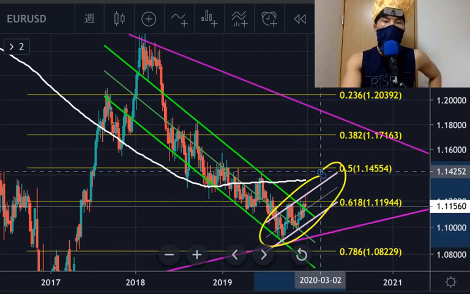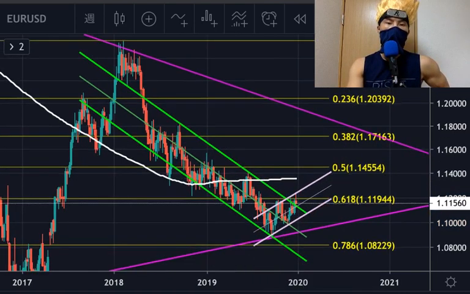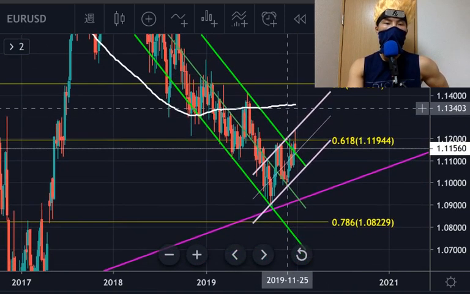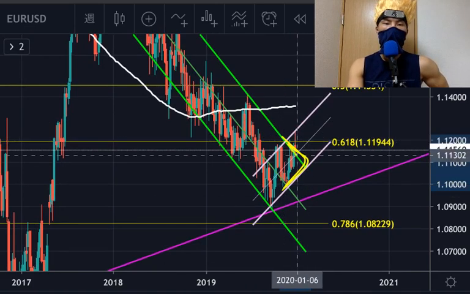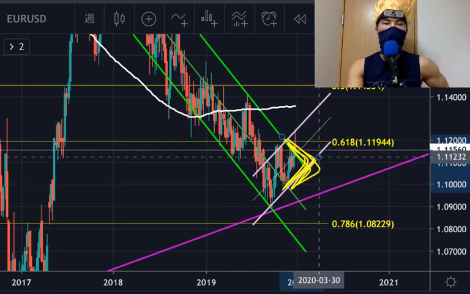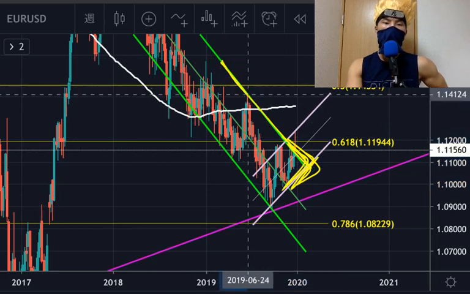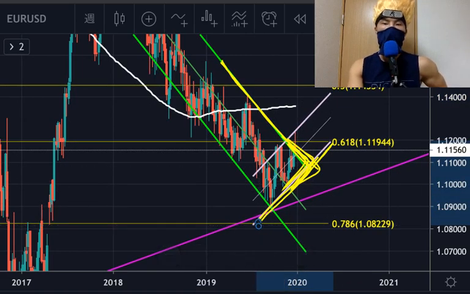Recently, the important triangle was broken out. I mean here. This triangle was important. Always in the market, a descending trend line exists and an ascending trend line also exists, so a triangle always exists.